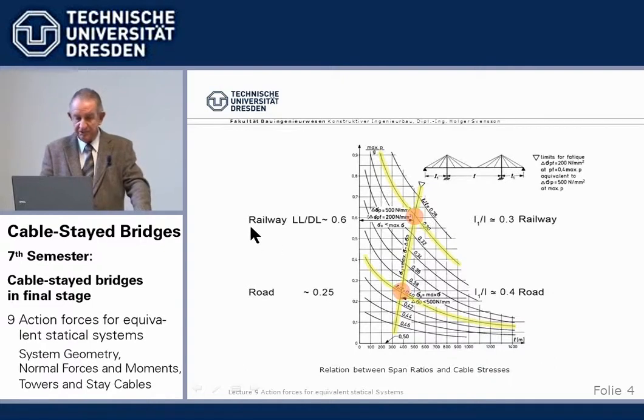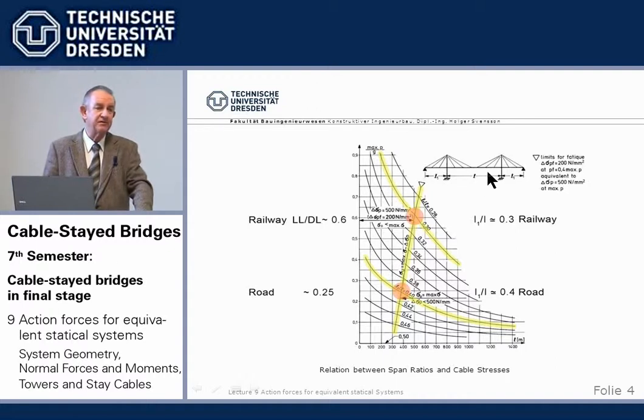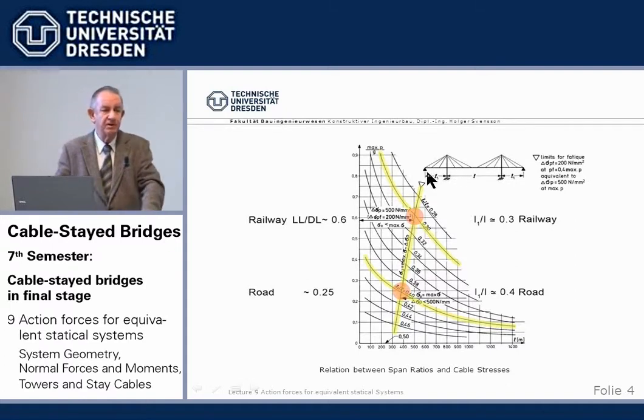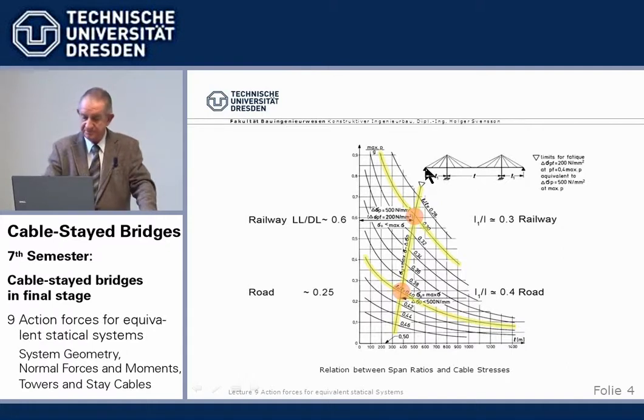Now, if we go to a railway steel bridge up with this 0.6, well, then we have only 30% side span length of the main span. Again, it's governed by the fatigue range of the backstay cables.